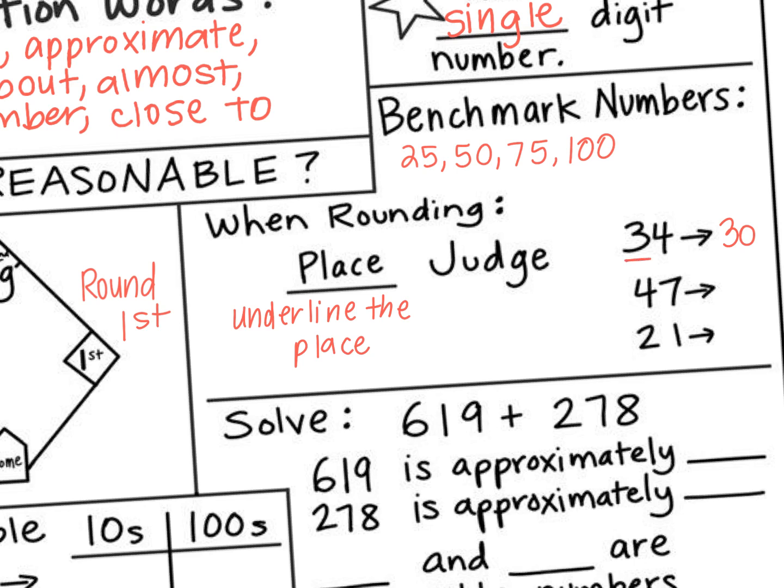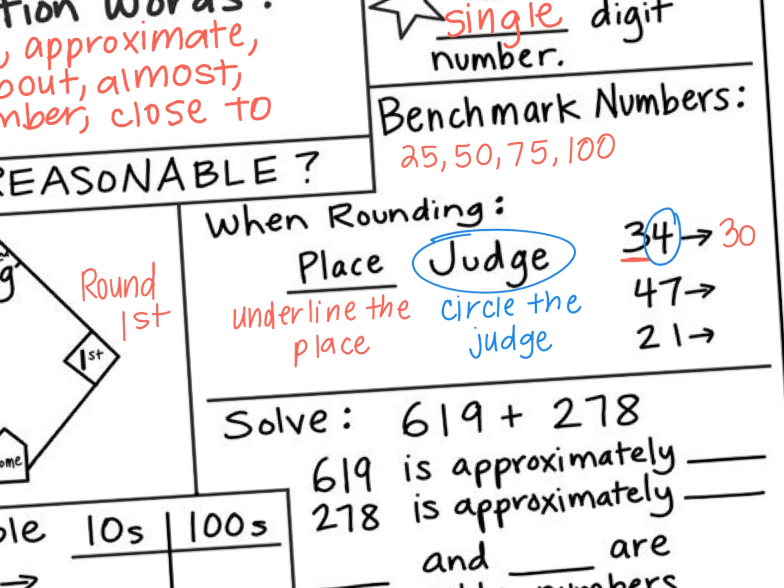So if I underline the place, I would underline the 3. What about the judge? What do I do with the judge? Yep, I circle the judge. So in 34, what am I circling?